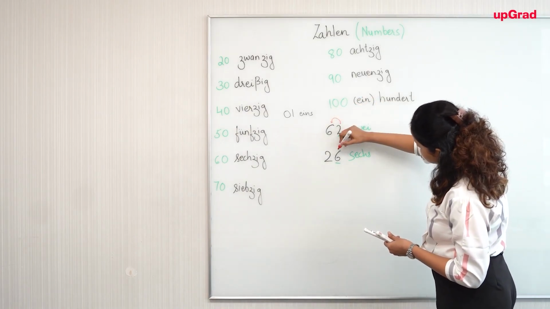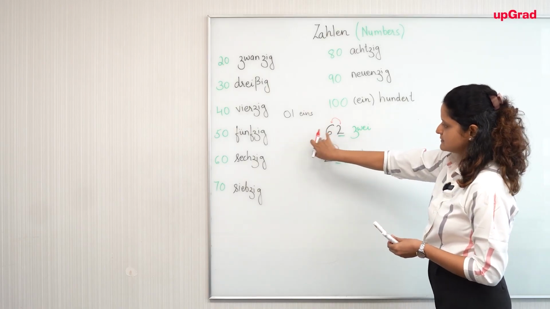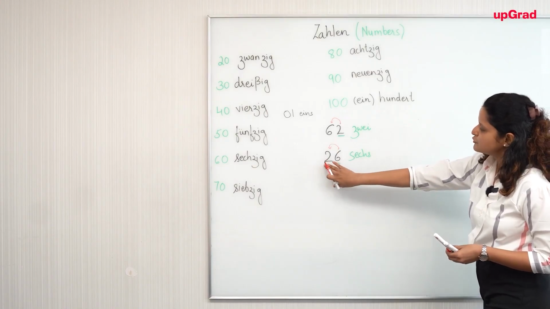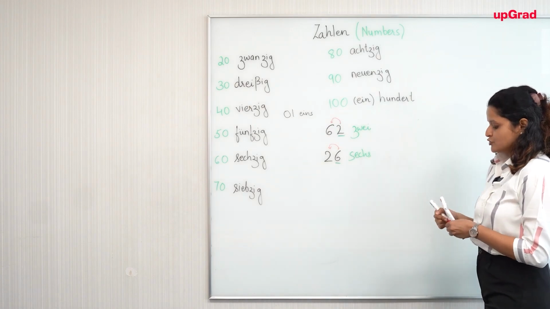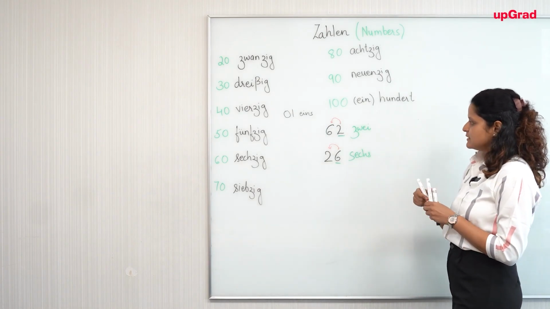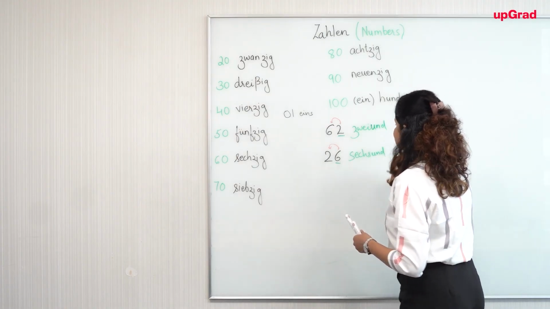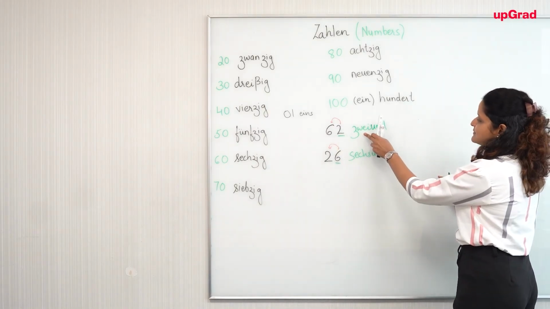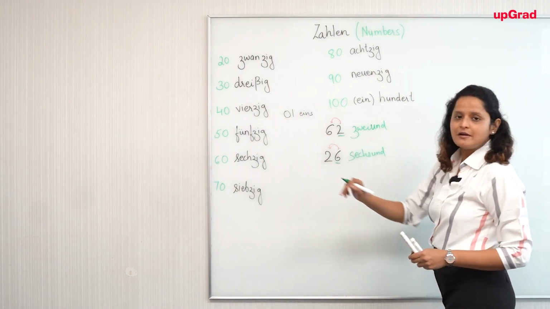towards its tens place. You will find that here you have 6 in the tens place, which makes it 60. Here you have 2 in the tens place, which makes it 20. So you combine these numbers, each of them, first with und. So 2 und and 6 und, and then you take the respective tens place.